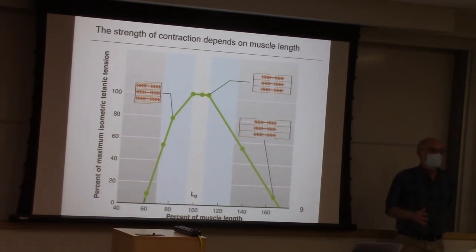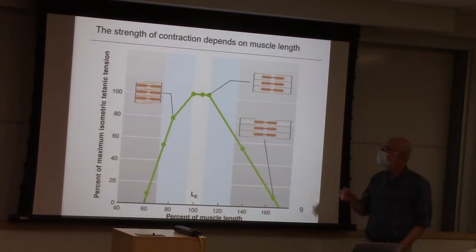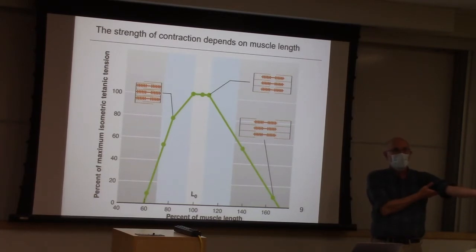So what determines the length of a muscle? What determines the length of the muscle in the heart is the amount of blood that has refilled it and stretched it out. So in order for skeletal muscle to stretch, you need another muscle to stretch it.